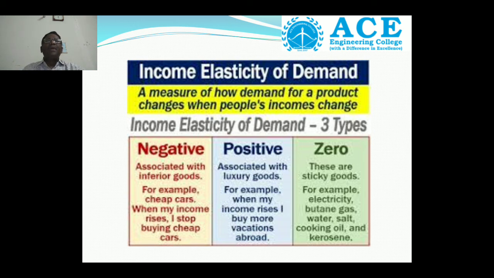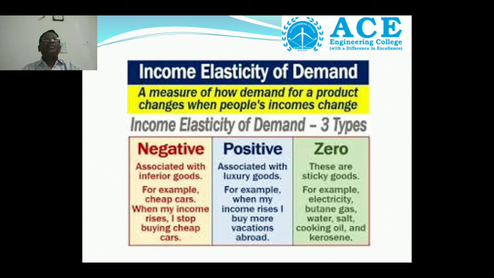Negative income elasticity is associated with inferior goods, as we just discussed. Example, cheap cars: when my income rises, I stop buying cheap cars. That is called negative income elasticity.